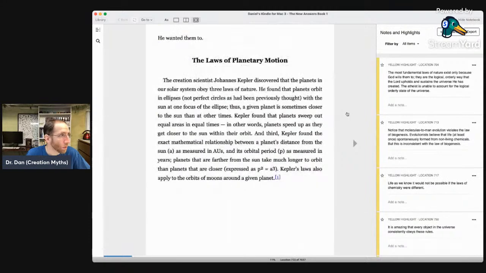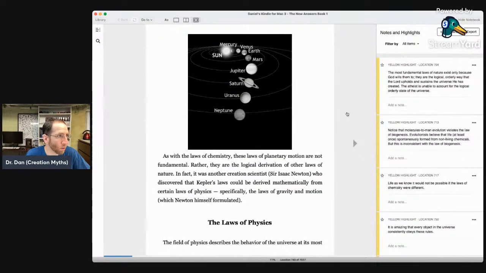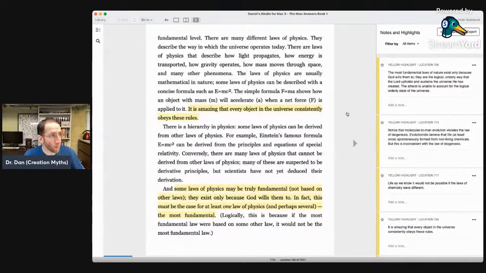So let's keep going. We've got planetary motion, physics. Here we have talking about things like E equals mc squared or F equals ma, these kind of basic laws in physics. It says it's amazing that every object in the universe consistently obeys these rules. I don't think it is, but again, it's a fine-tuning argument, right?